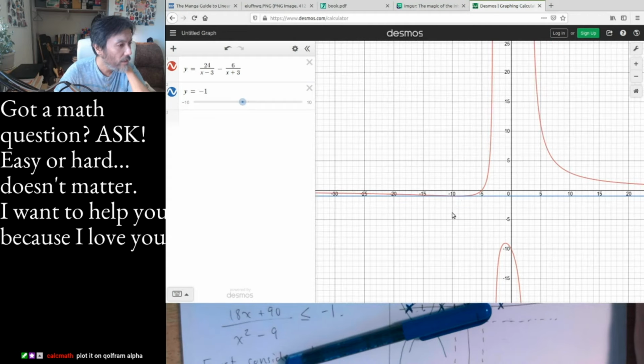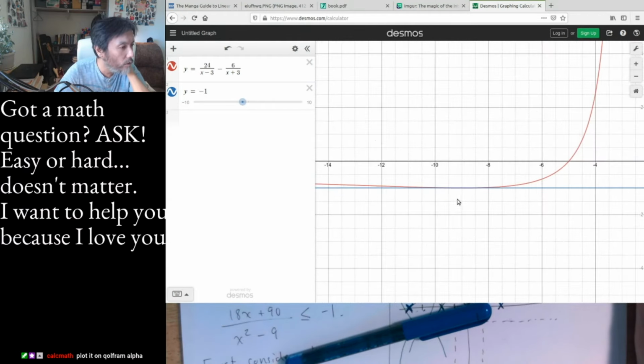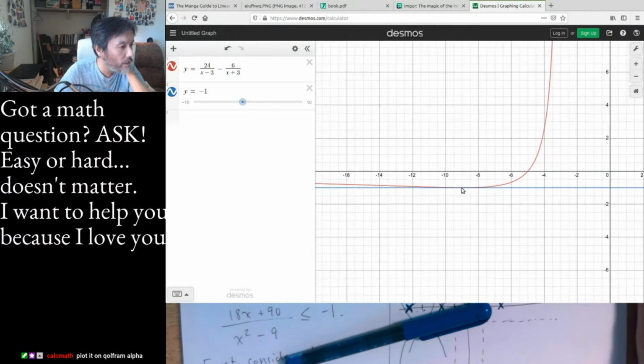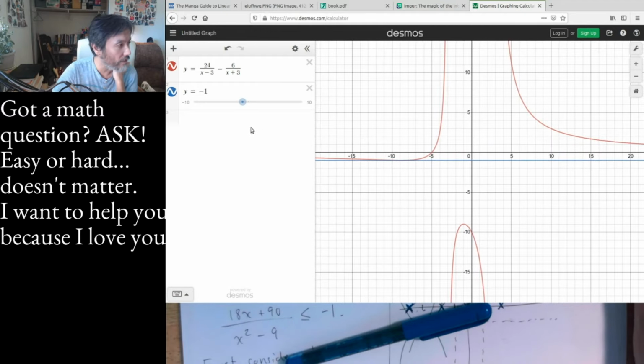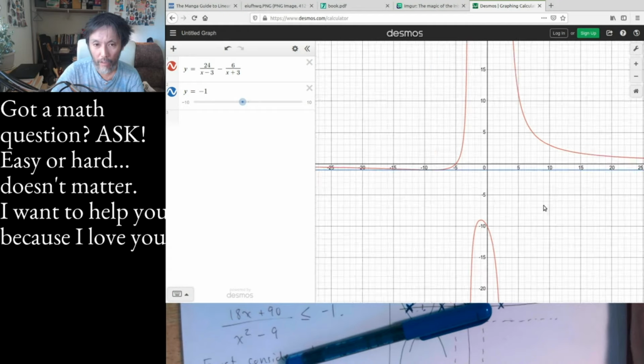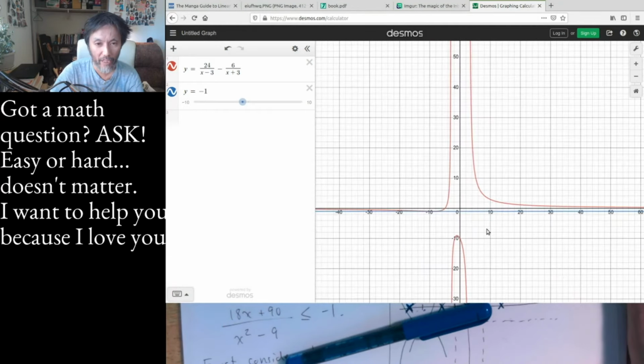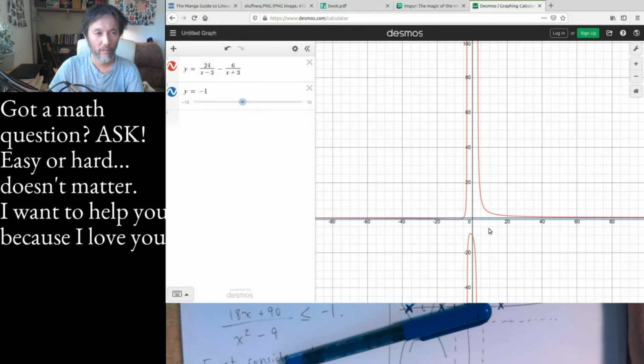Notice that, as we discovered, the only place where these two curves, the red curve and the blue curve, intersect is at -9. And we've also discovered that the only places where this graph is below the horizontal line is between -3 and 3. So you know what? We did it. We win.